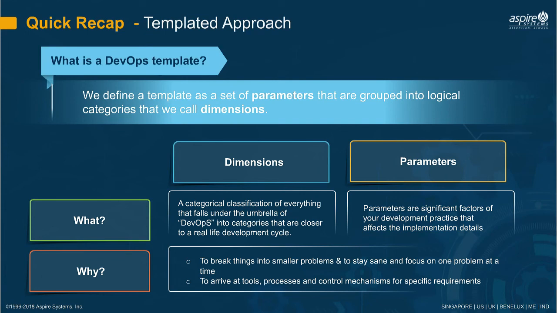And what we see here is a standard set of parameters, or rather a standard grouping of parameters, to simplify our selection process, to simplify our approach to coming up with a plan for our development operations.